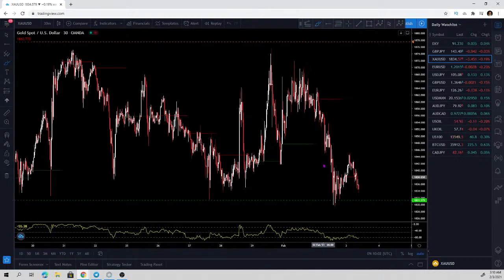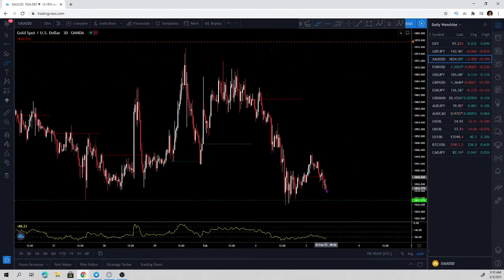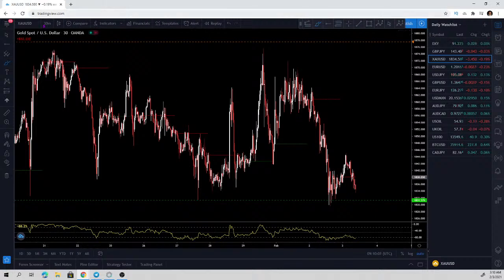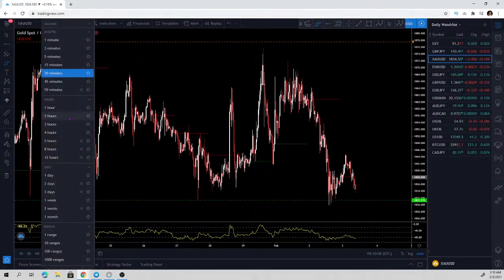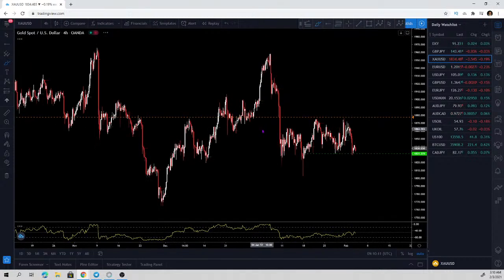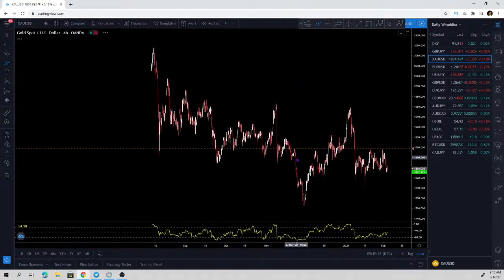So what I would wait for, because let's go to the 4 hour chart, right? What I'm trying to do here is wait for the opportunity to pick up buys at a good risk to reward ratio for the next big rally in gold.